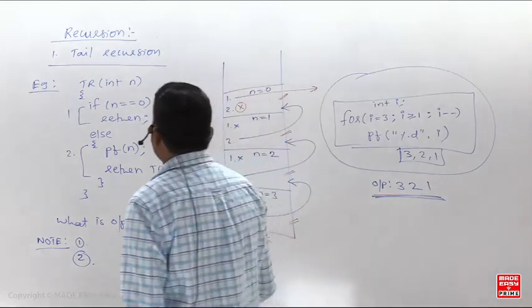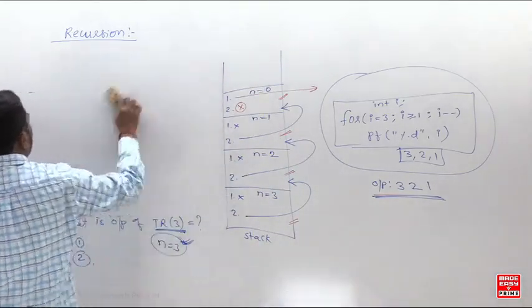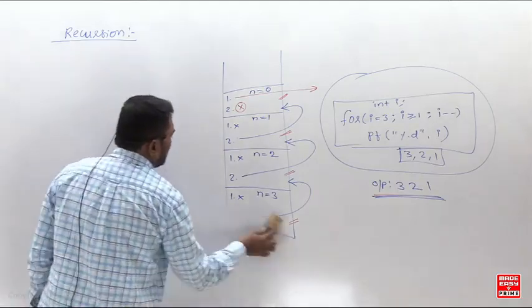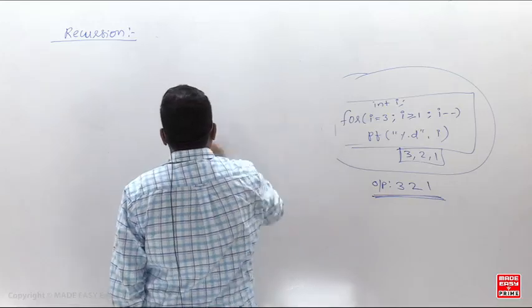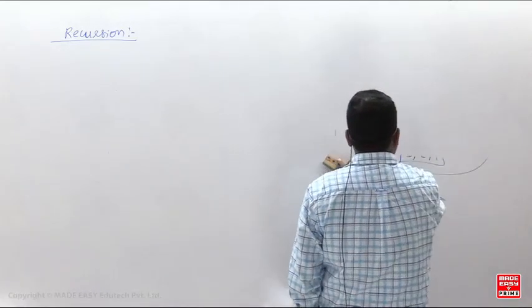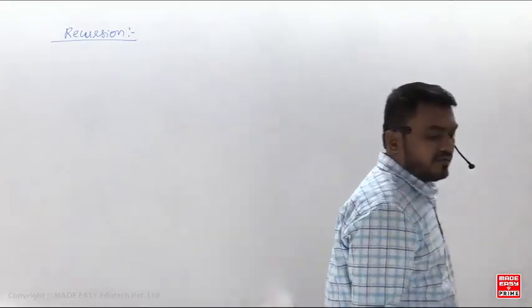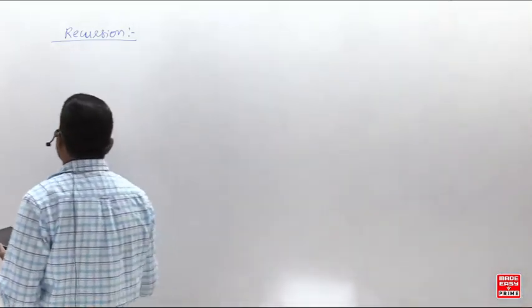Just understand, is this clear for everyone? Right. So that is tail recursion.